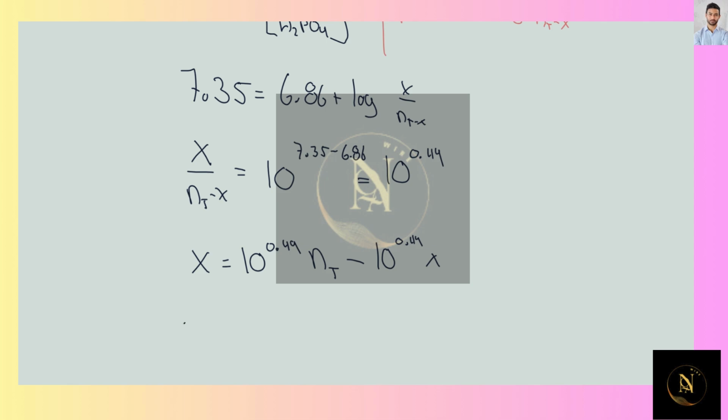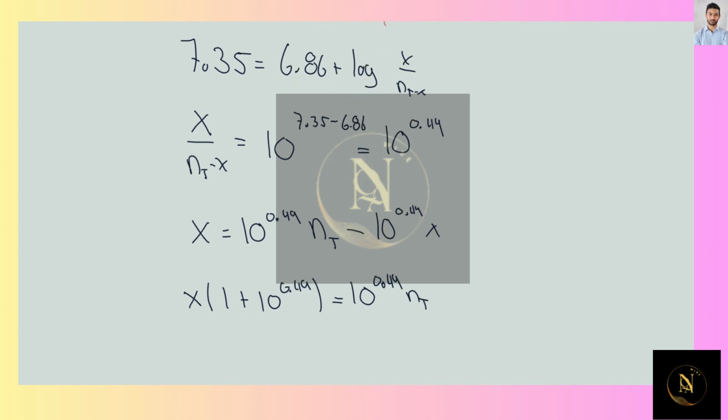Thus, x times 1 plus 10 to the 0.49 is going to be equal to 10 to the 0.49 times nT. Finally, giving us a value for x equal to 10 to the 0.49 times my total amount of moles that we had, divided by 1 plus 10 to the 0.49.